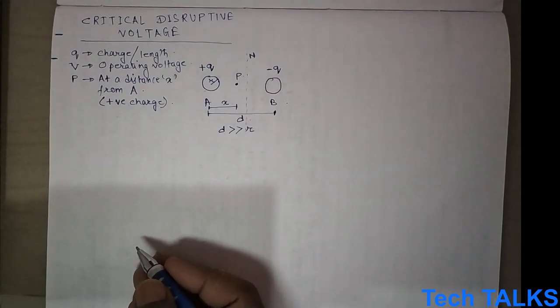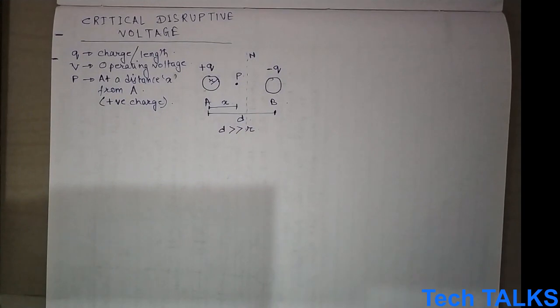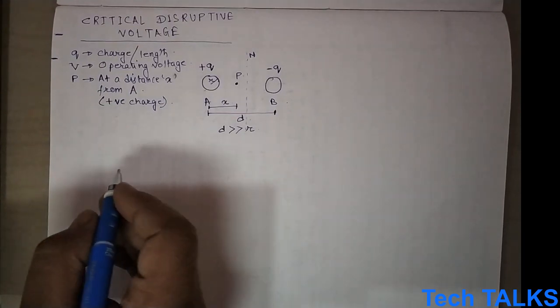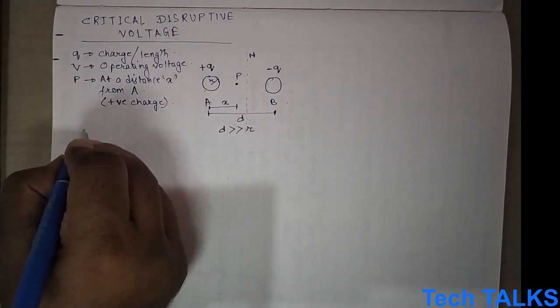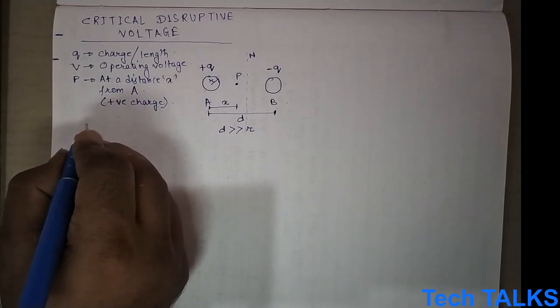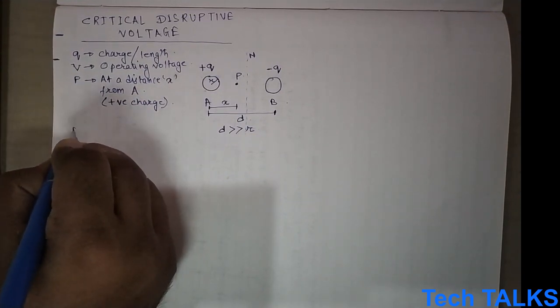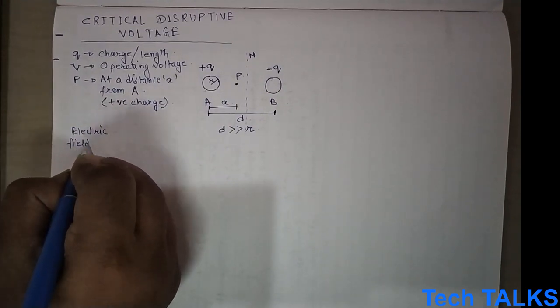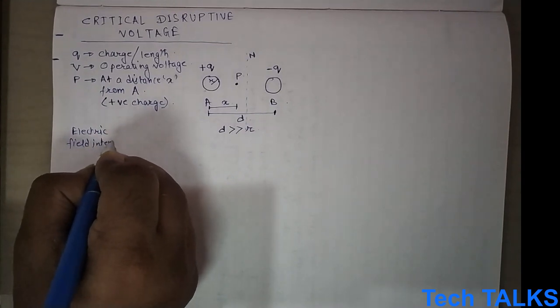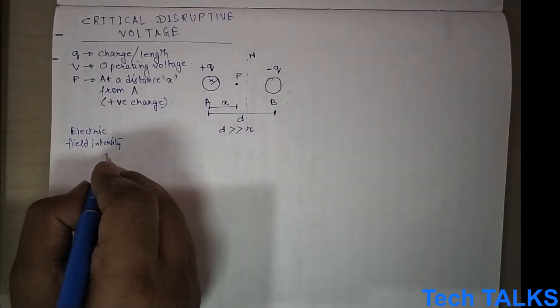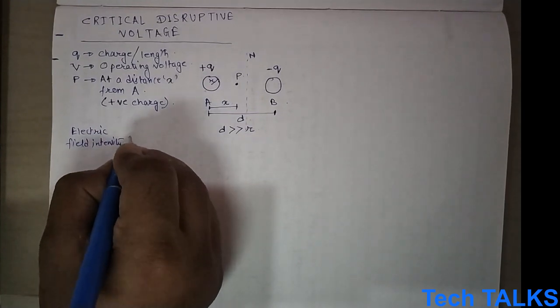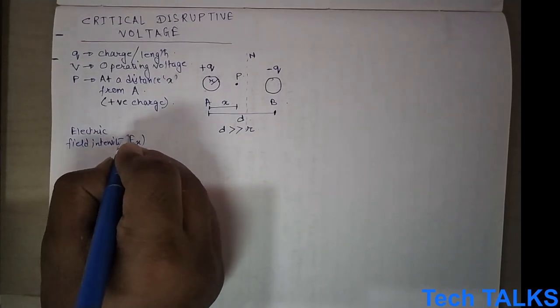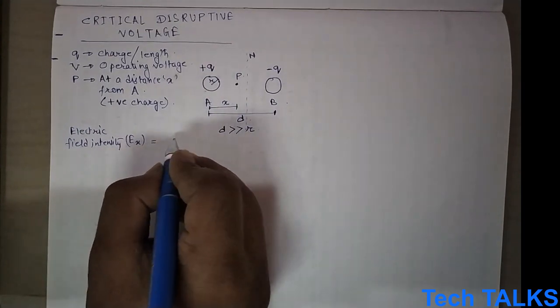So the electric field intensity Ex at P is given by q by 2 pi epsilon naught x plus q by 2 pi epsilon naught (d minus x).